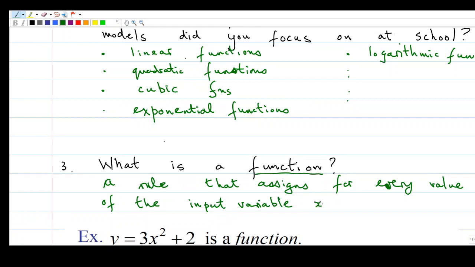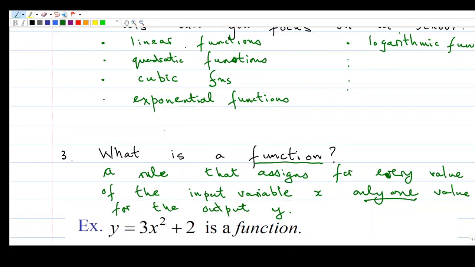Normally it's x. Only one value for the output y. Now the input variable is the independent variable. Your output variable is the dependent variable. Let's look at an example.